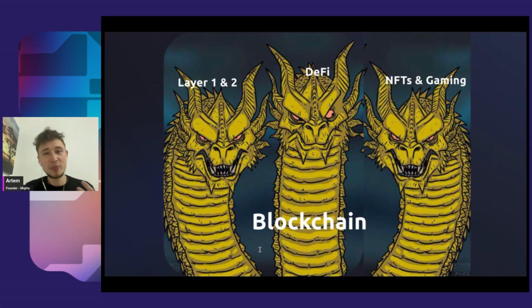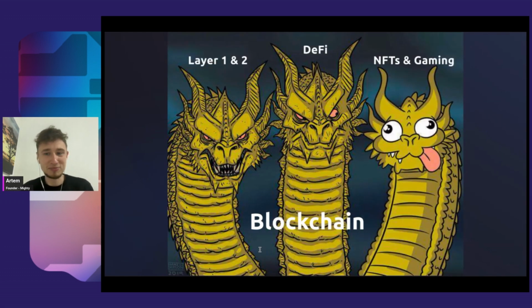From a newbie's eyes, the blockchain industry looks something like this. You have the overarching blockchain theme, and then you have a few different subcategories like layer 1s and 2s, you have DeFi, you have NFTs and gaming. But actually, how it looks is more like this.